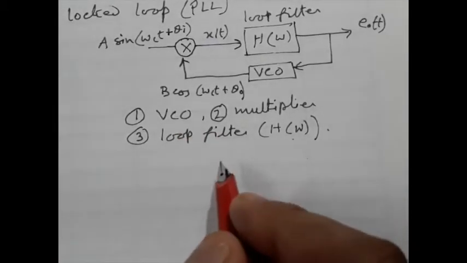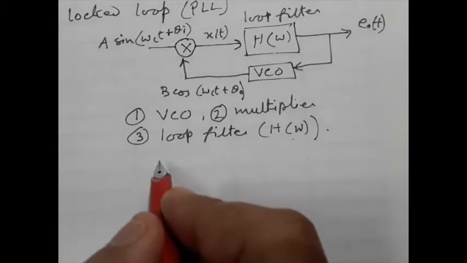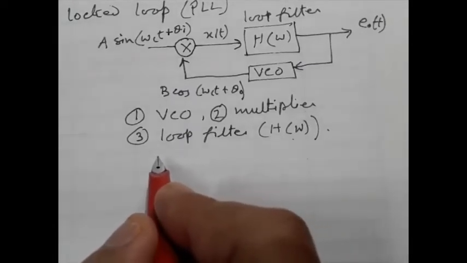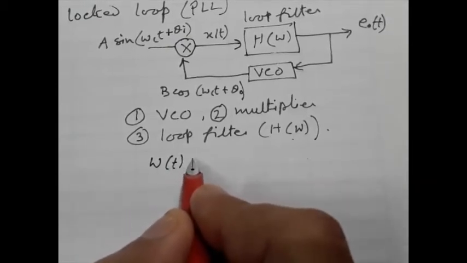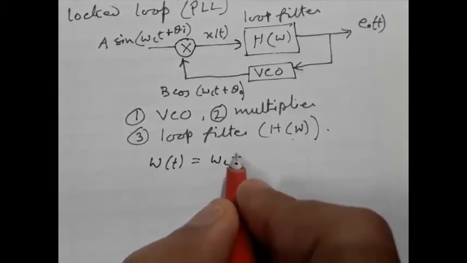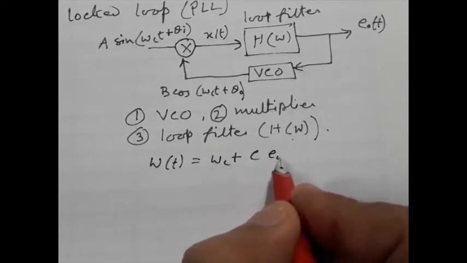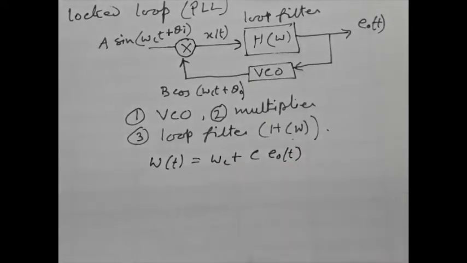Now if VCO input voltage is E0, then its output frequency can be written as omega c plus some constant into E0.